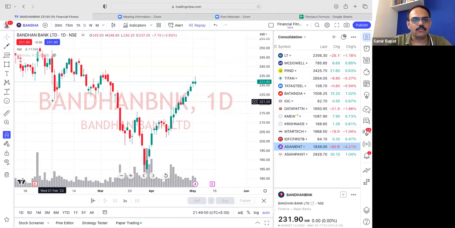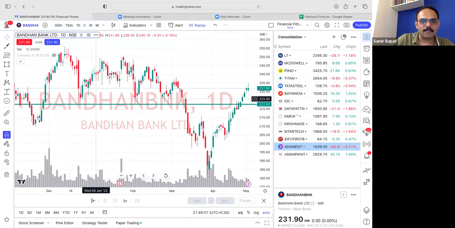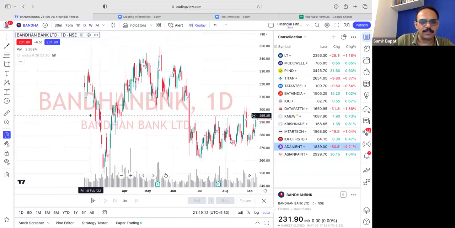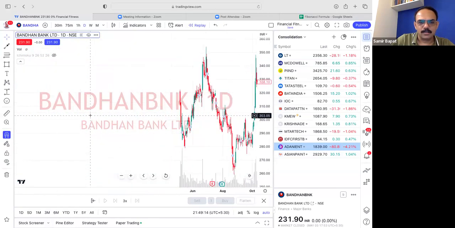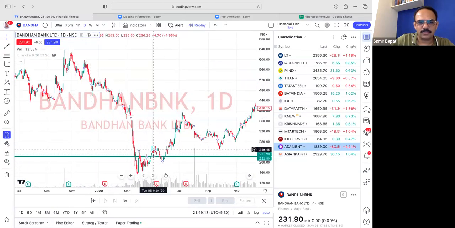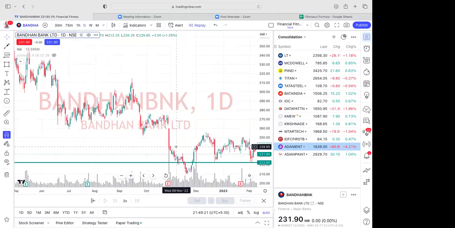How far? We can say these are the previous support levels. This wick is coming, we can draw here. Check back, this was a decent support in the past also. Let's go further past. Okay, here also. So this seems to be a decent place where it is likely to bounce.